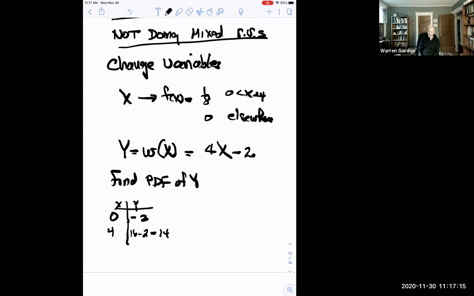So we already know that y will be between -2 and 14. And of course, you'll see it's going to be 0 elsewhere, because since x is only defined between 0 and 4, y will only be defined between -2 and 14.